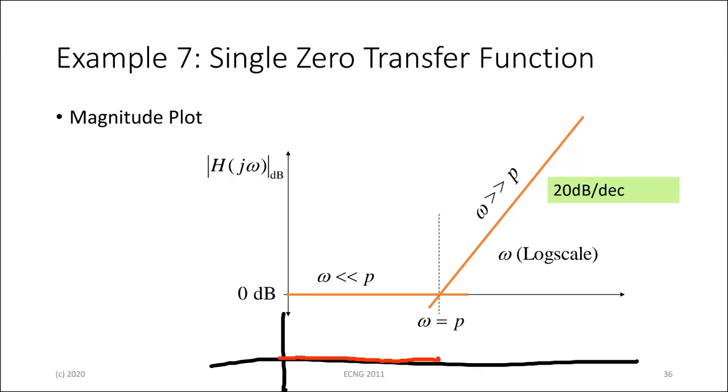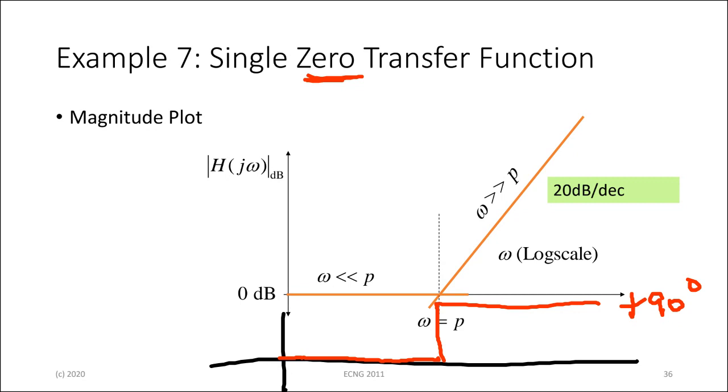But because it is a single zero transfer function, the phase is going to go to plus 90 at the corner frequency. All right, so the zero function is the reflection of the pole. The frequency response of the zero is the reflection of the pole as well.